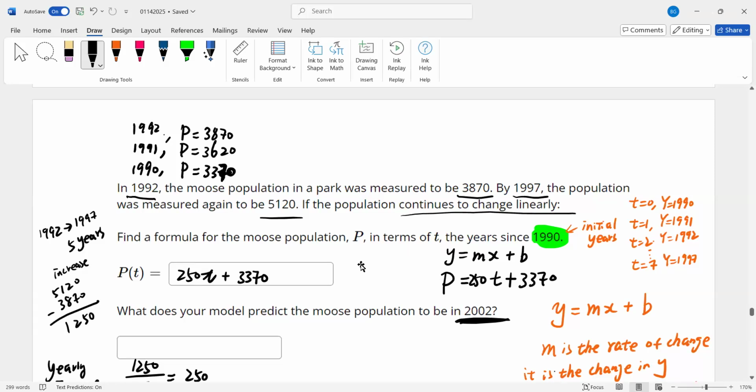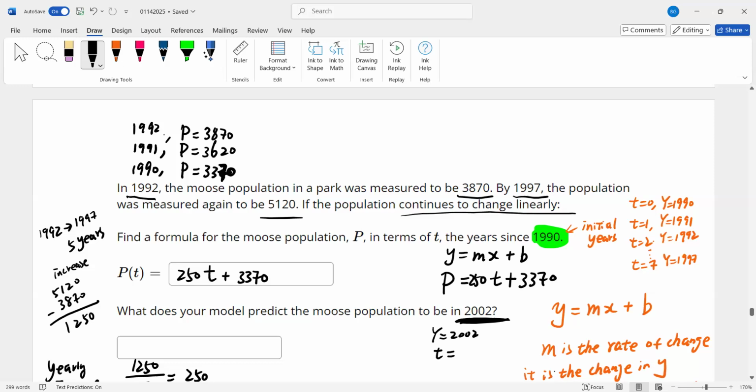But another way is to use the model we found in the first part. In order to use the model to find the value of p, we have to know the value of t, right? In the year 2002, what's the corresponding value of t? In the year 1990, the t value is 0. 12.